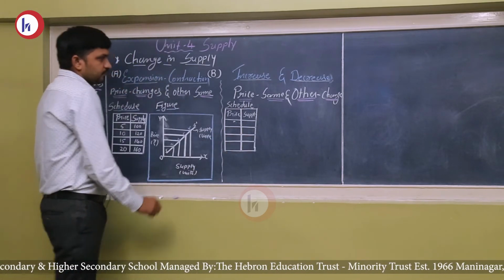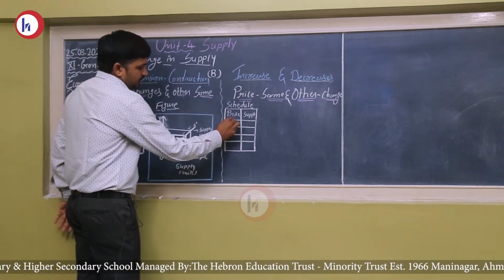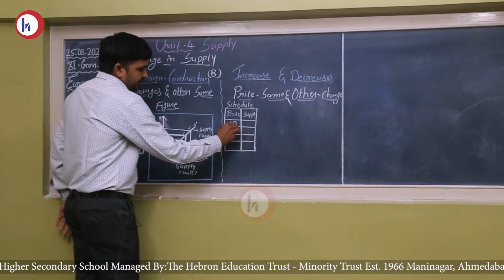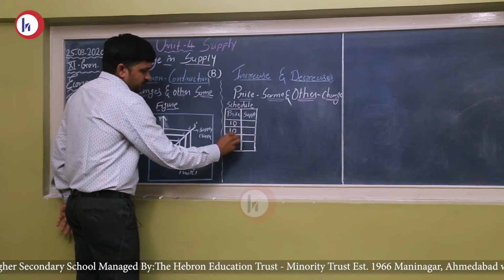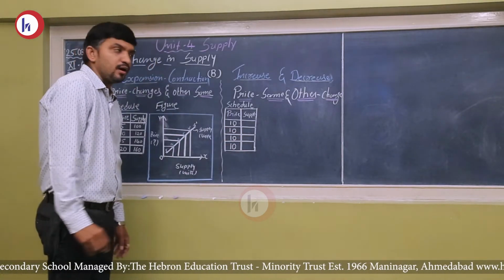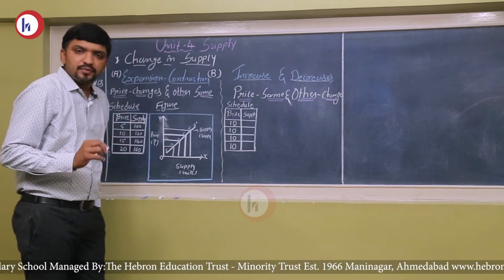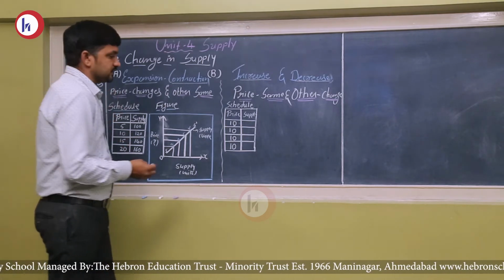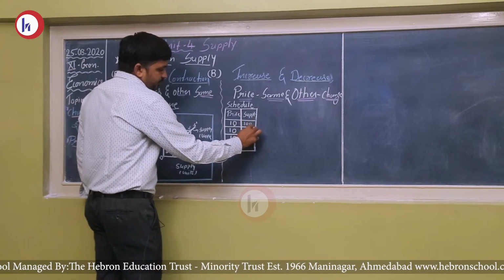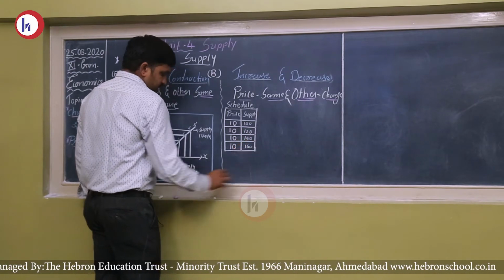Now the condition is when price remains same. So suppose price of the commodity was 10, price of the commodity is 10, price of the commodity is still 10, but supply changes. Suppose supply was 100, then it became 120, then 140, then 160.